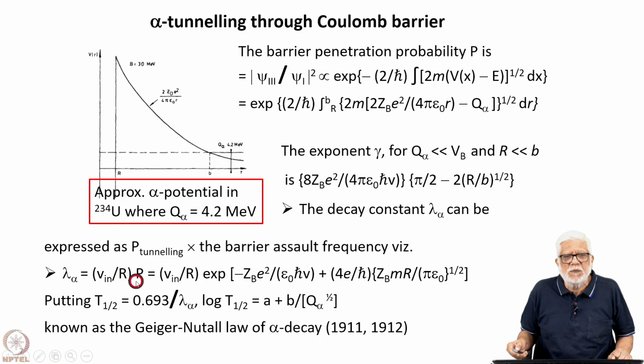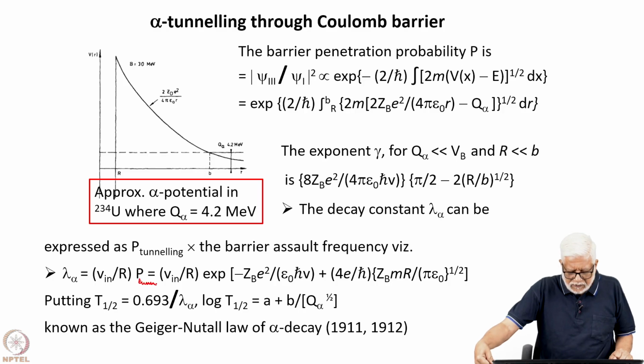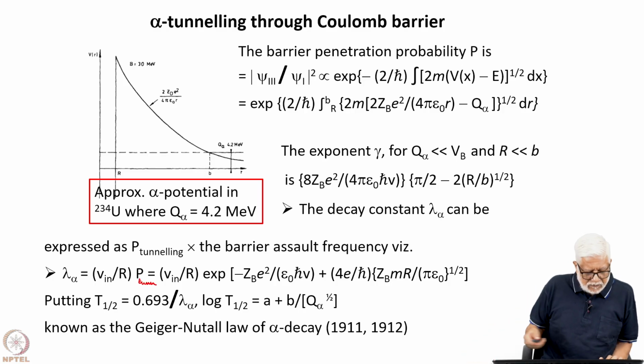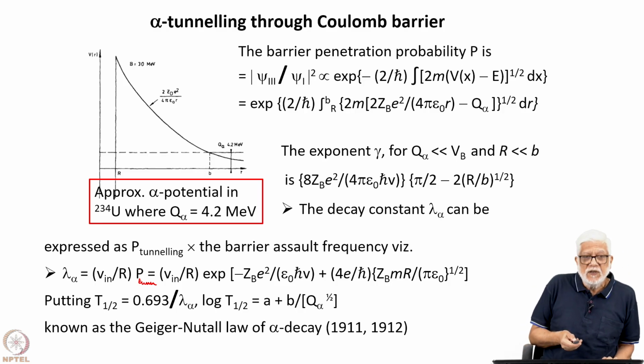So that frequency times the probability of tunneling. Then you can calculate the decay rate, and from there you can get a half-life, and so the half-life can be estimated from this relationship: 0.693 by the decay constant.